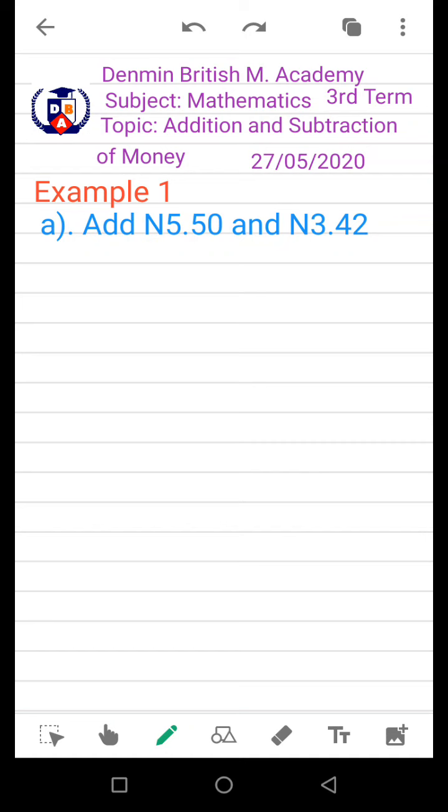But today we are going to move a little step further. We want to add money and we want to subtract from money. So it's going to be very interesting. We need your attention, your thinking cap, and your imaginative skills. So let's start with example 1.